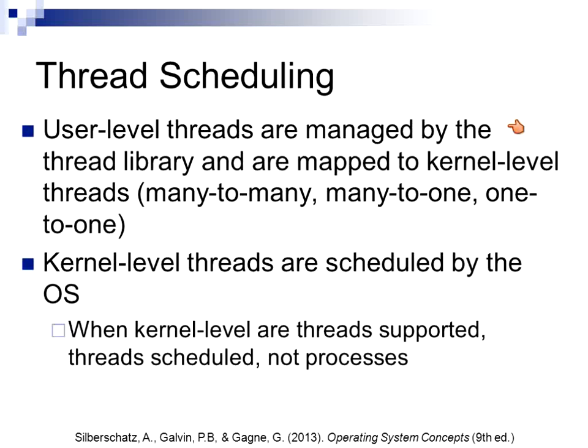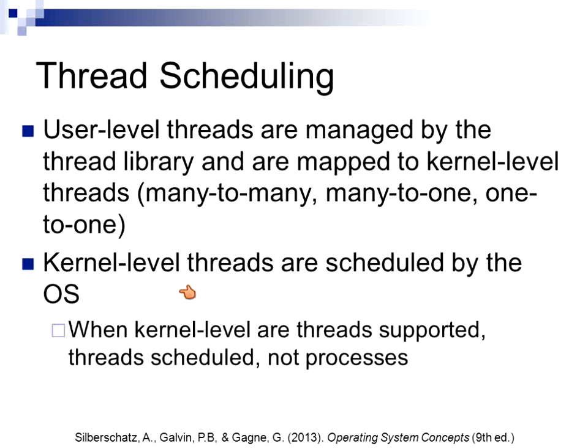Okay, so we usually work with user level threads, but remember that they're mapped, and we saw pictures of that, the many-to-many, the many-to-one, and the one-to-one mapping between user level threads and kernel level threads, and it's the kernel level thread that gets scheduled by the operating system. So not only are we worried about scheduling processes, we're also worried about how user threads are mapped to kernel threads, and how these kernel threads are being scheduled on the CPU. Okay, so it just gets more and more complicated as it goes on.